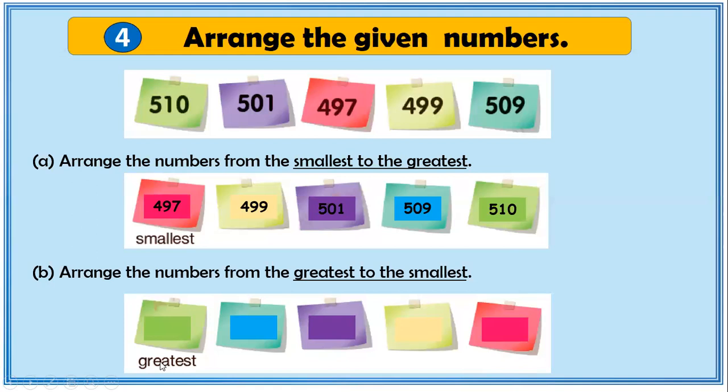So the greatest number will be 510 followed by 509. Next is 501 and then 499, and the smallest number is 497. Is it clear? Can you follow? All right.